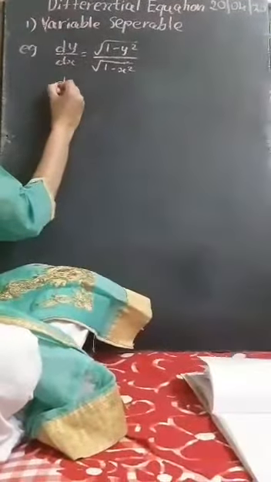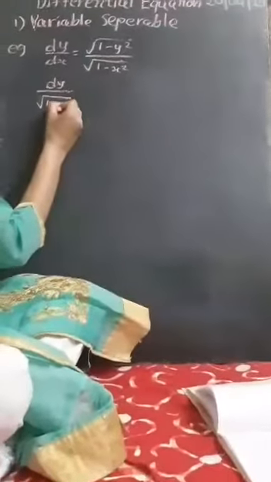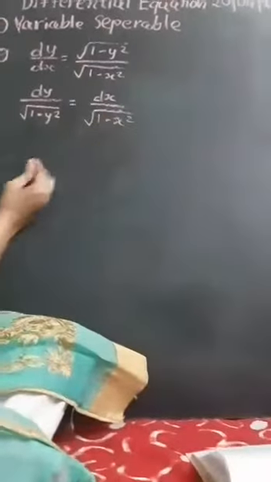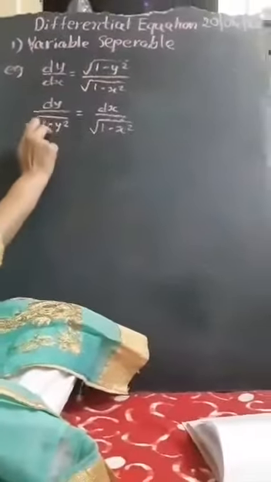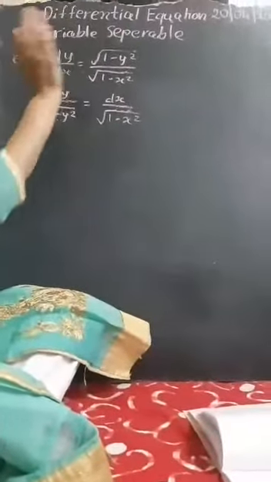So it will be dy upon root 1 minus y square is equal to dx upon root 1 minus x square. Okay, so along with dy we are having a function of y, along with dx we are having a function of x. This is called variable separable.